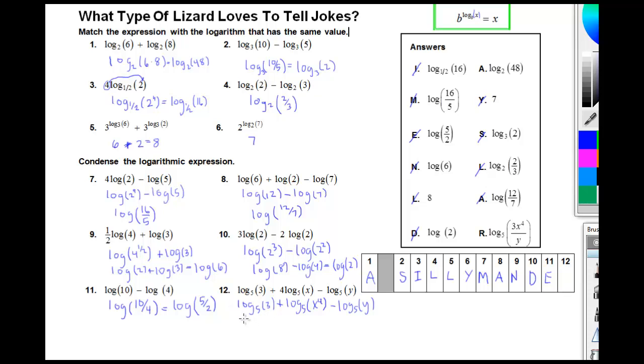Now we can take this log base 5 of 3x to the 4th and subtract log base 5 of y, which will become log base 5 of 3x to the 4th over y, which is our last one here.